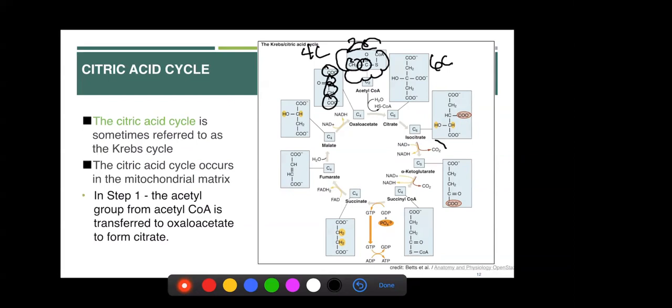Next, we're going to notice we lose a CO2 and we pick up electrons, and now we have 5 carbons. We're going to repeat that, lose CO2, have our reduction, pick up more electrons. Now we're down to 4 carbons.